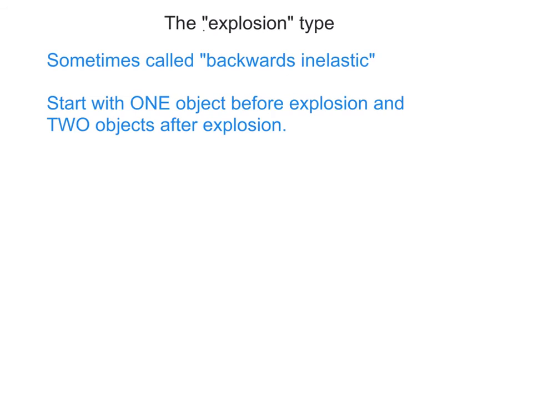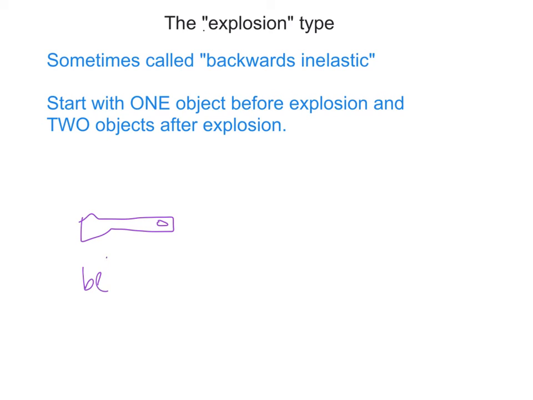The last type of collision is called the explosion type. Sometimes the explosion type is called the backwards inelastic because it's the flip of the inelastic equation. You will start with one object before the explosion and you will have two afterwards. One of the most common examples is a rifle with a bullet inside.